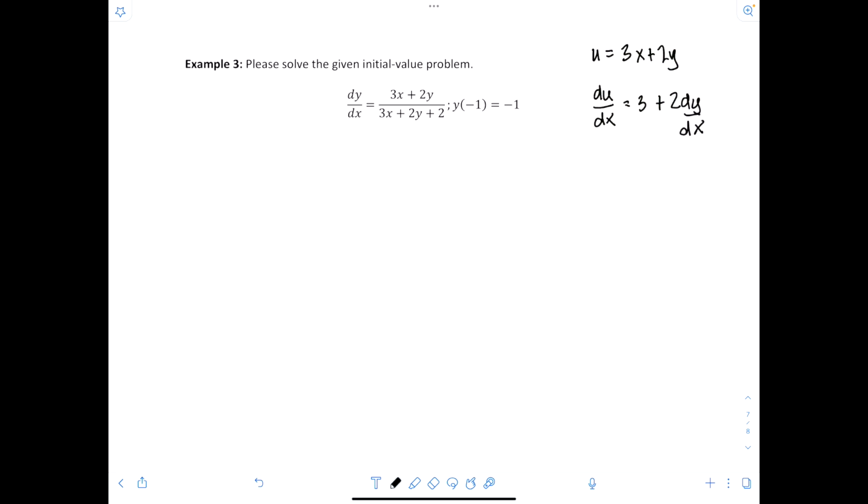Cool? So just a little more work here. We've got what du dx equals, okay? We're going to kind of keep that to the side. Now, if we start looking at what is dy dx, because that's what we have on the left-hand side of our equation, we would have 2 times dy dx is equal to what?